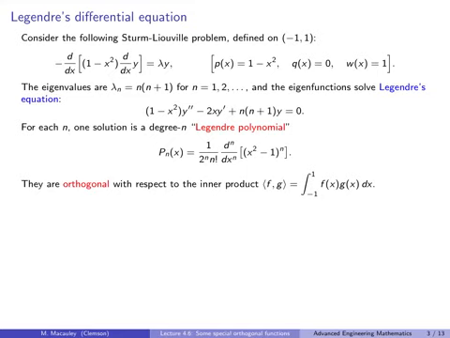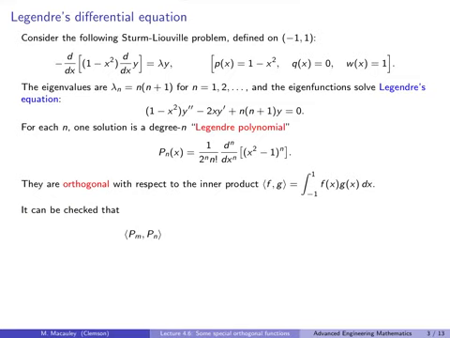These polynomials are eigenfunctions of this ODE, and they are orthogonal with respect to the inner product defined as f dot g equals the integral from negative 1 to 1 of f of x g of x times the weighting function 1 dx.